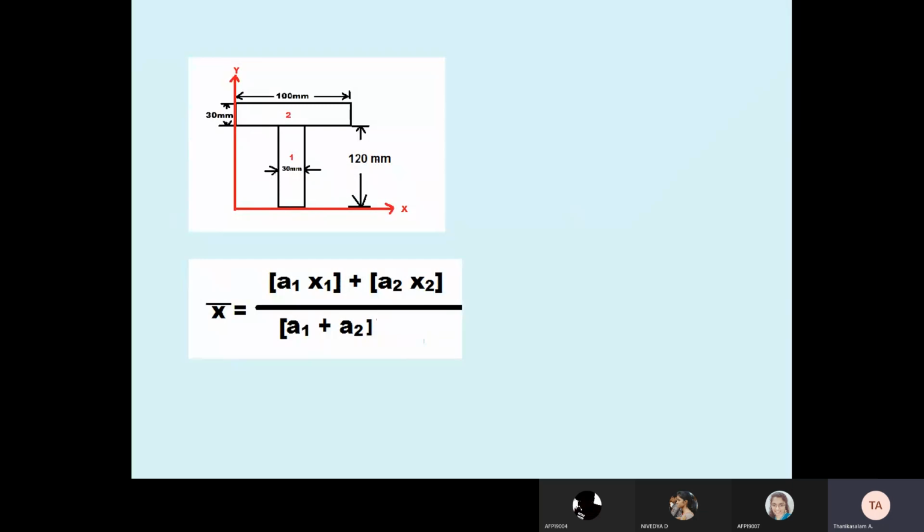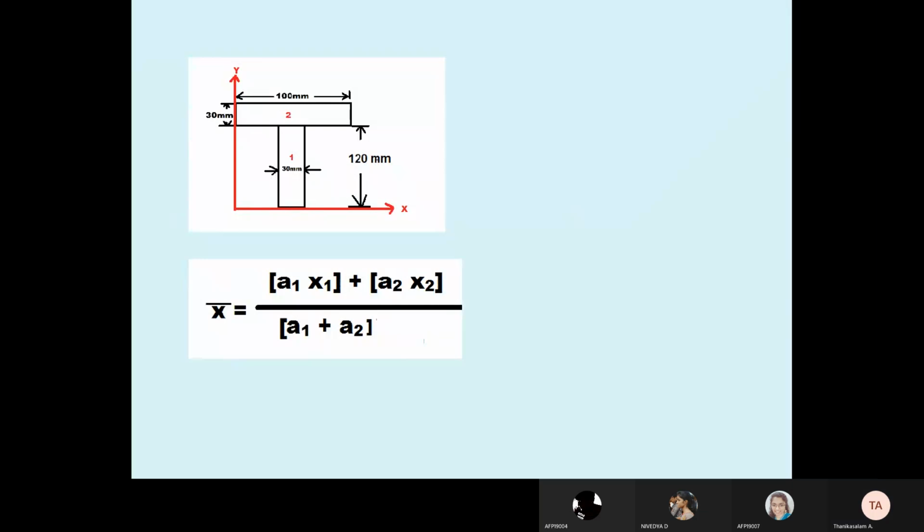So your T section looks like 2 rectangles that I divided, and I marked sections 1 and 2. A1 means section 1 area, A2 means section 2 area. X1 means center of section 1, X2 means center of section 2. Here both are rectangles, so 1 means the first rectangle, 2 means the second rectangle.